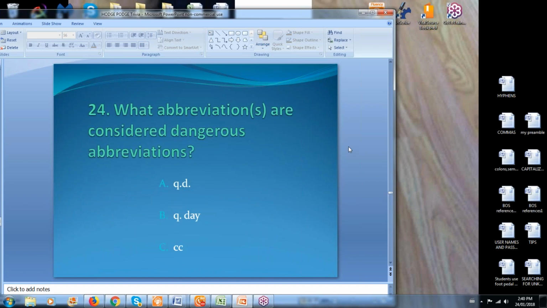Okay. 24. What abbreviation, or plural, are considered dangerous abbreviations? A, QD, B, QD, C, CC. That's true, you can gate through a gate.